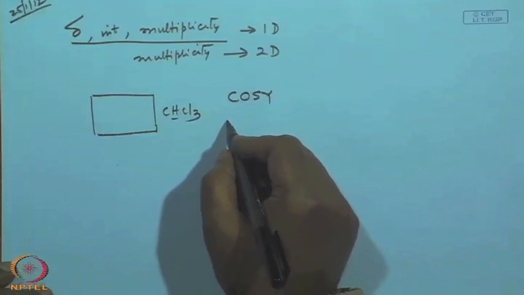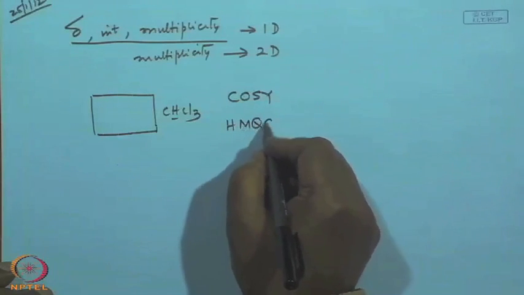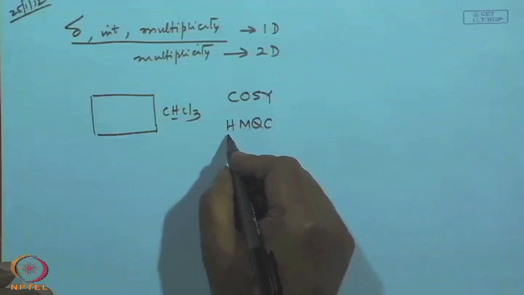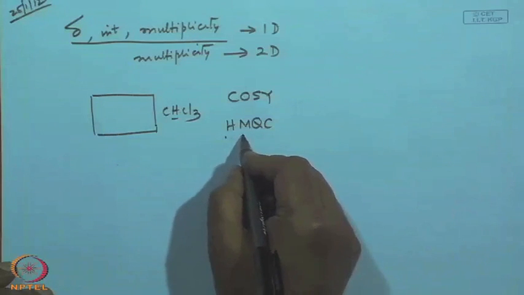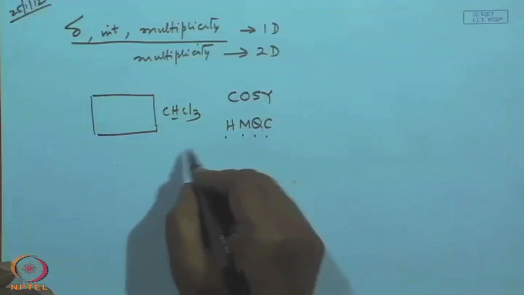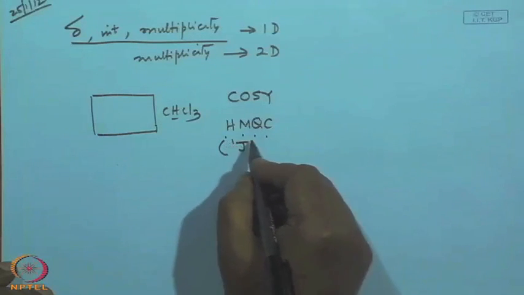The other category is HMQC. HMQC stands for heteronuclear multiple quantum coherence. It is basically 1J coupling.